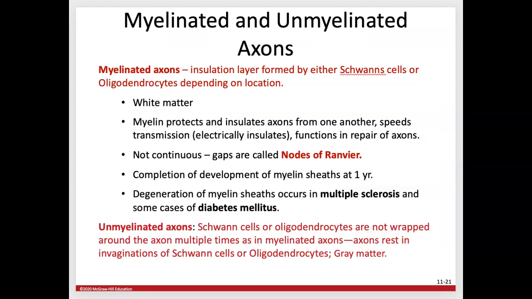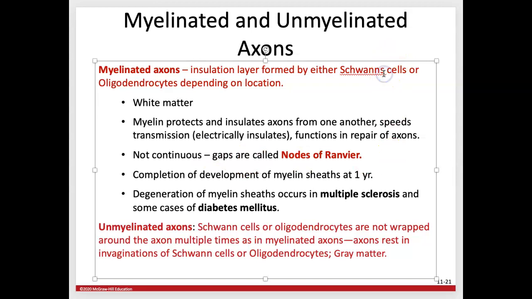All right, so myelinated and unmyelinated axons. A myelinated axon is an axon that has an extra insulated layer, and that layer of insulation is formed by either Schwann cells or oligodendrocytes, depending on the location.